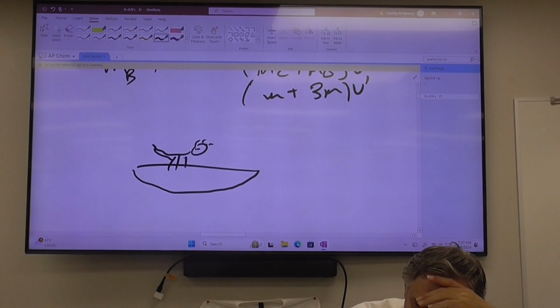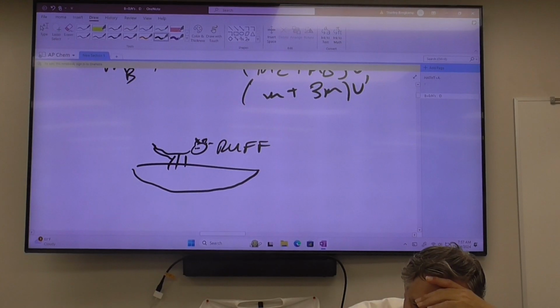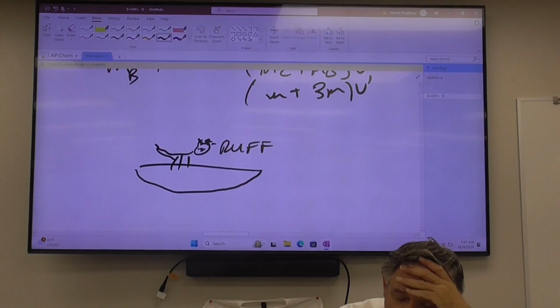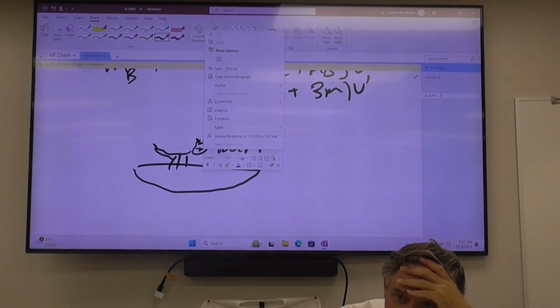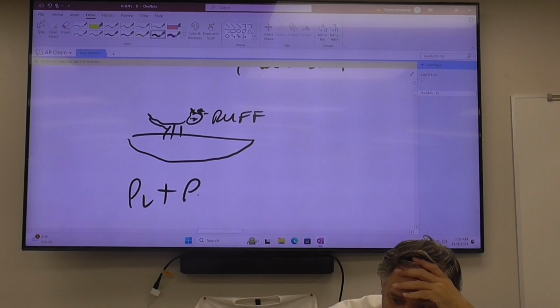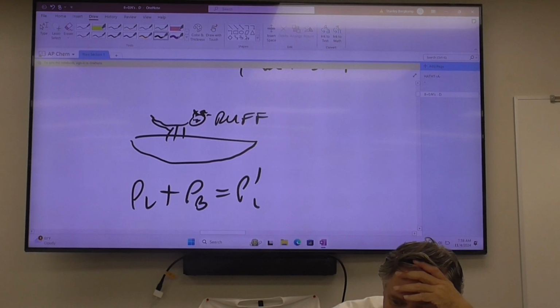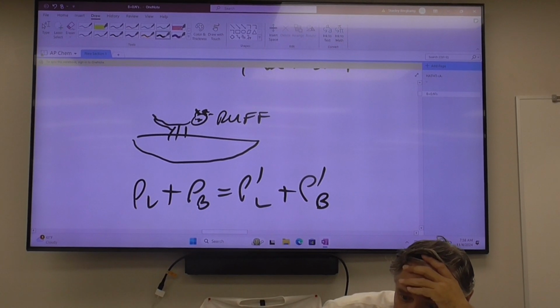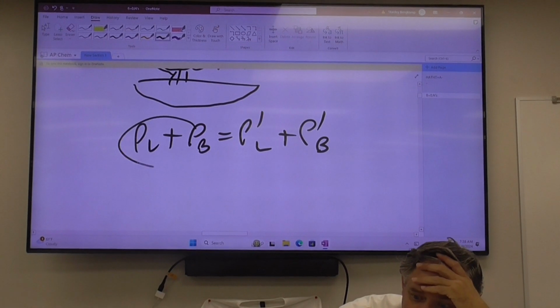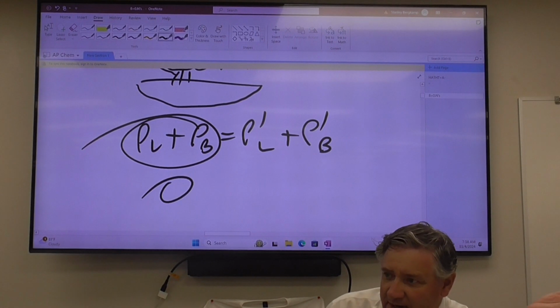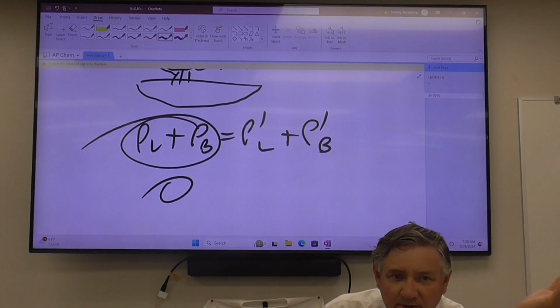What's the initial momentum of the system? Zero. So the momentum of Lassie plus the momentum of the boat equals the new momentum of Lassie plus the new momentum of the boat. What does this side equal? Zero. What do the other two sides have to add up to? Zero.